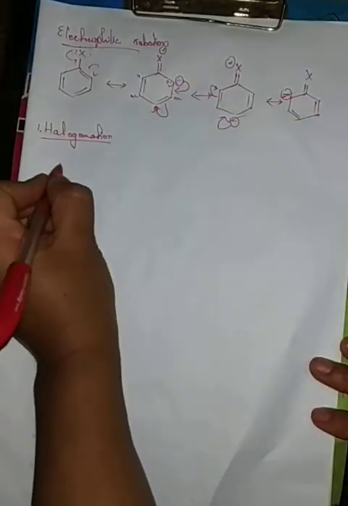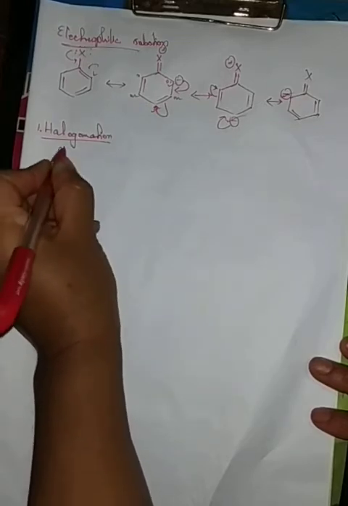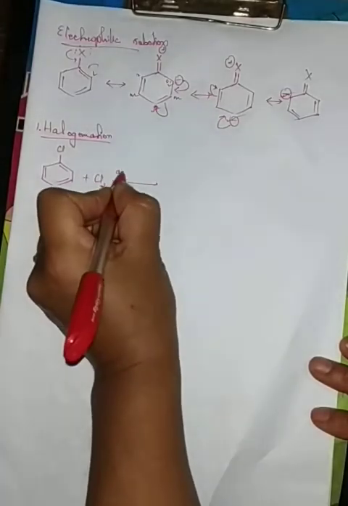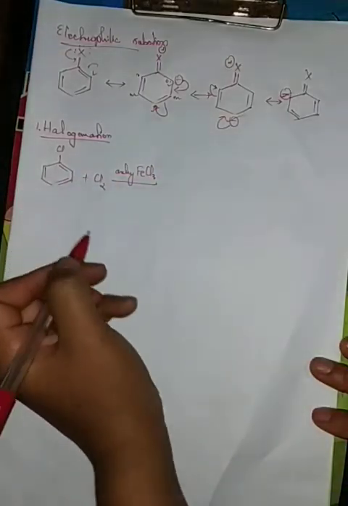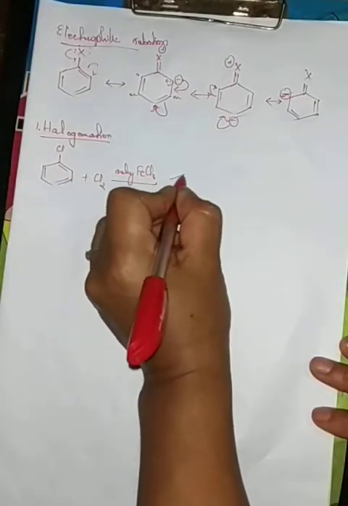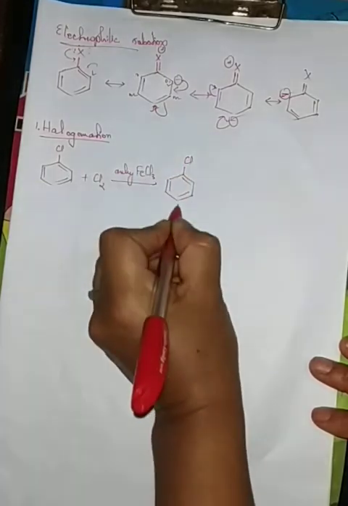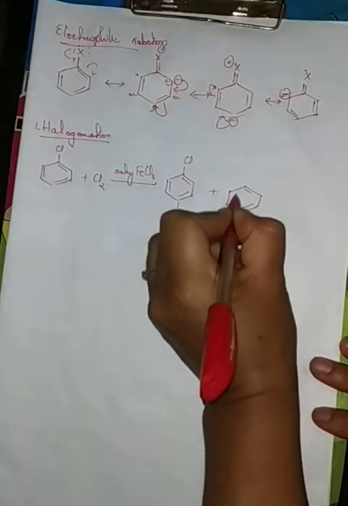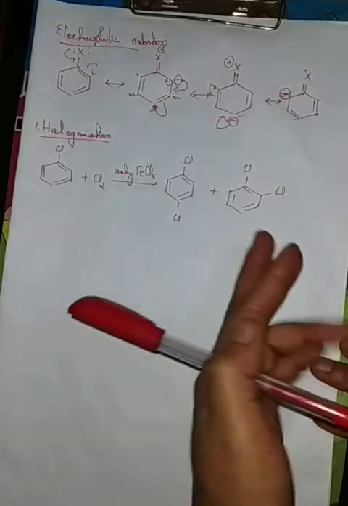Here, in the halogenation reaction, Cl2 in the presence of anhydrous FeCl3, we'll be getting Cl, one at the ortho position and one at the para position, because we know that electron density is more at ortho and para.